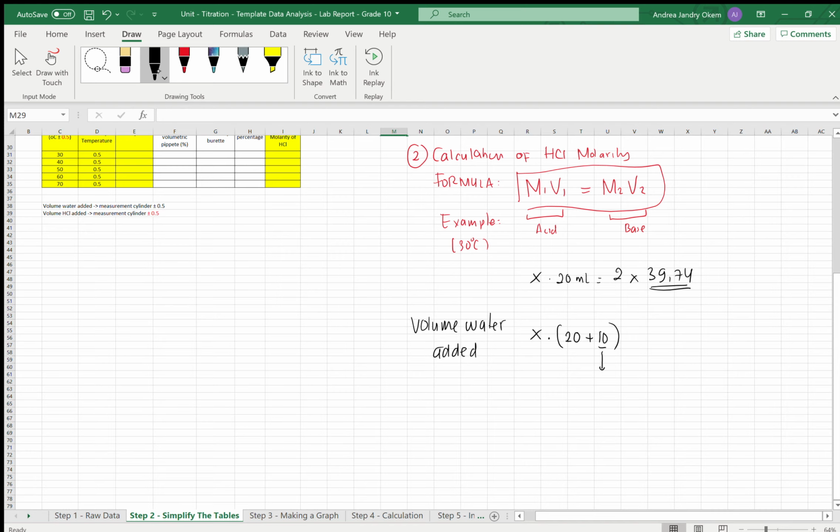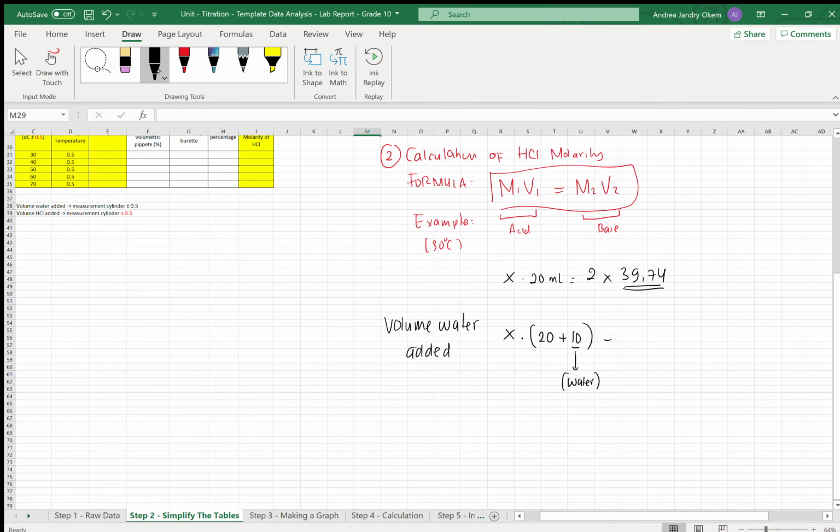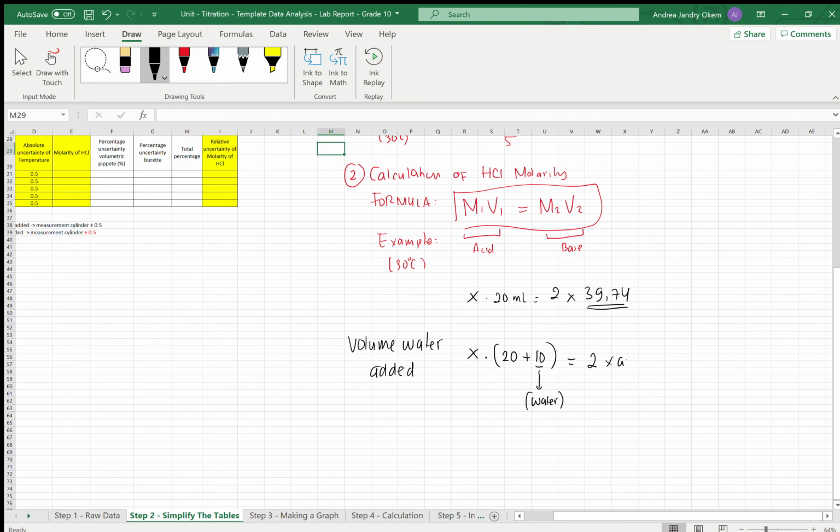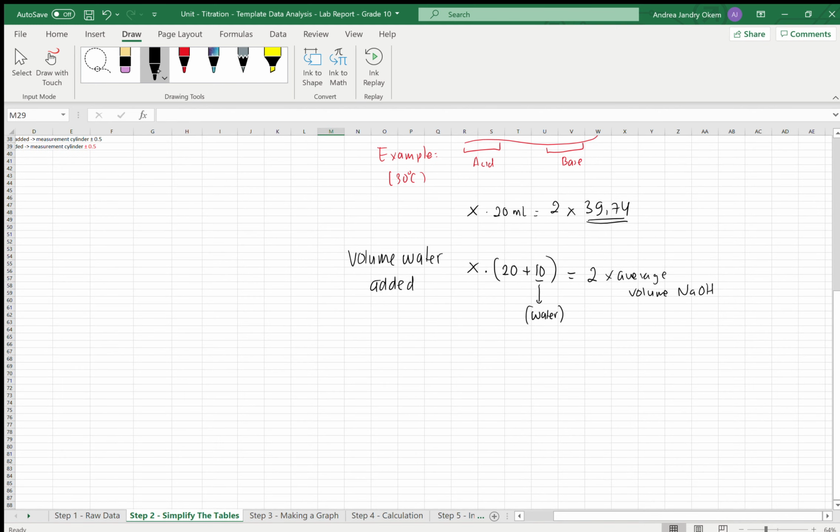So for example, you have the first IDV as 10. Now later you have to change this based on your independent variable, and then you put equals and then put 2 as the molarity of NaOH, and then the average volume of NaOH that you got. That's for volume water added. Now for volume hydrochloric acid added, it's a little bit tricky because you have to put your 20 milliliters for acid, you add with the water, which is 50.